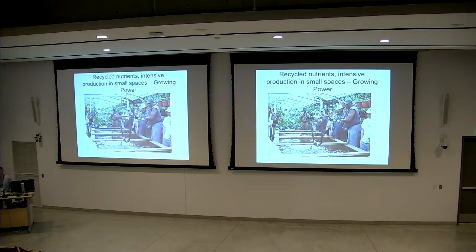People like Will Allen, some of you I'm sure know Will Allen of Growing Power, who's one of the first people to create one of these very, very contained systems of nutrient recycling, what's now commonly called aquaponics, integrating the raising of fish with intensive raising of herbs and vegetables, doing it all in very small spaces that contributes to more productive, resilient communities.